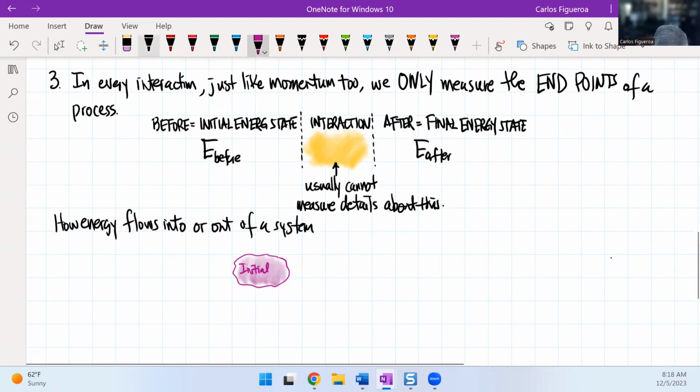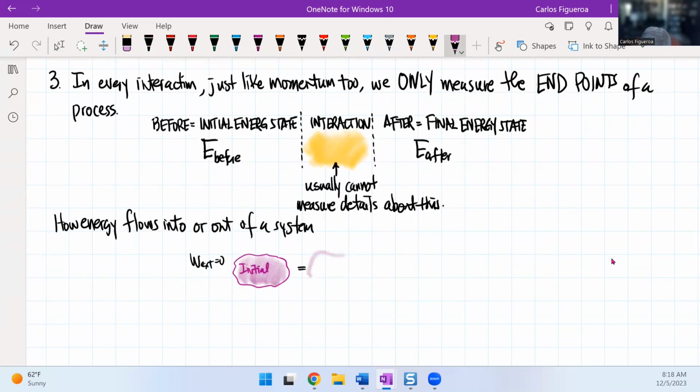And if we know that there is no external work here, then this system is going to stay the same. The energy states are all going to be the same here.